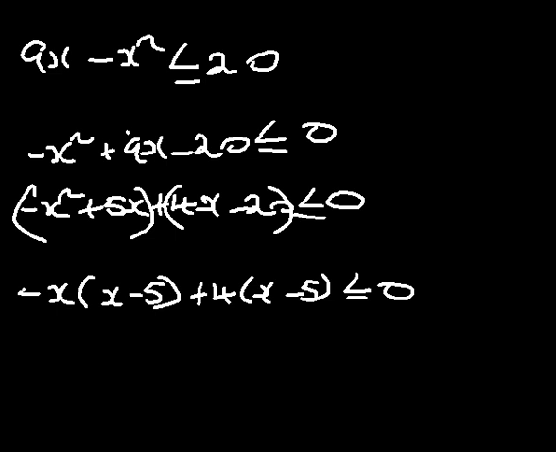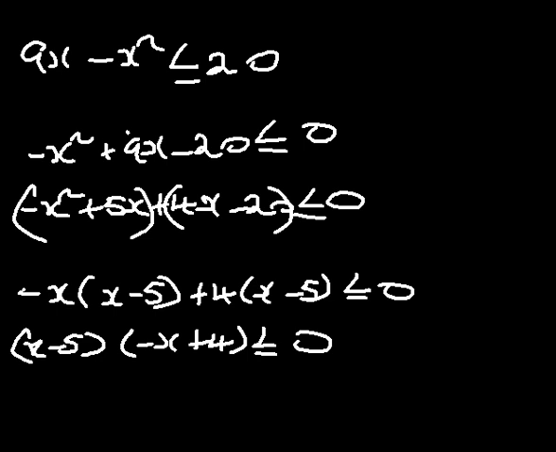So now which means I'll have it as x minus 5, and negative x plus 4, less than or equal to 0. So now what are the critical values? We'll have x as 5, and x being given as negative 4, that should be a positive 4, upon having solved this one.